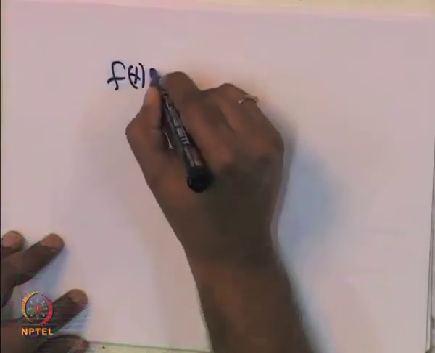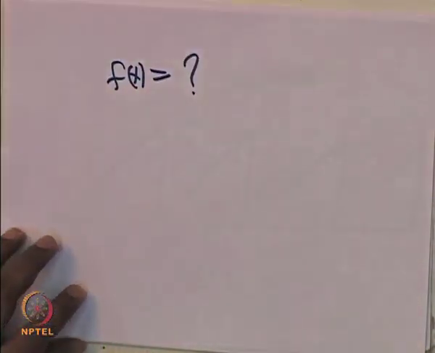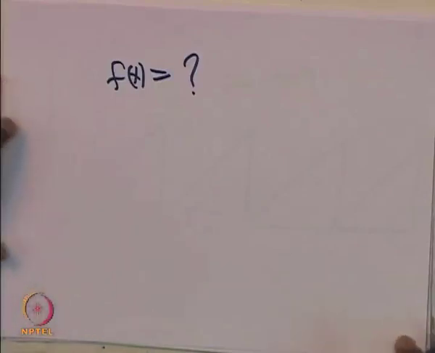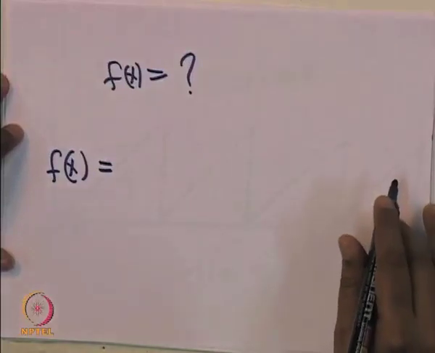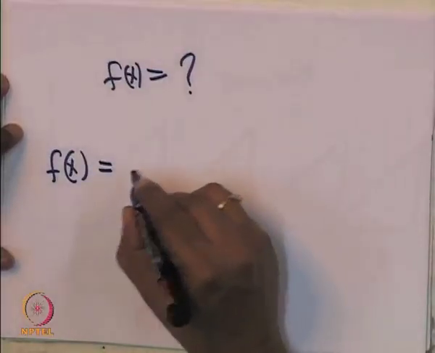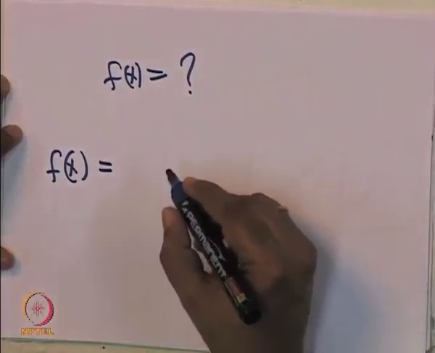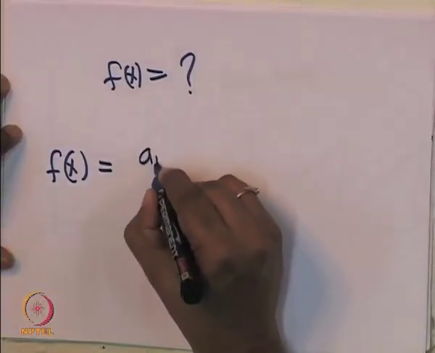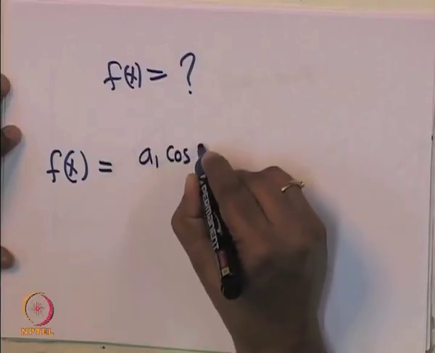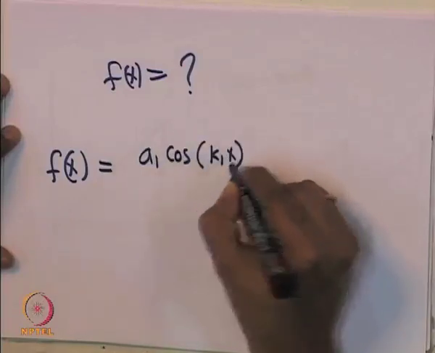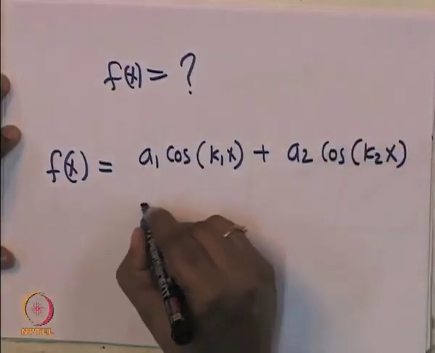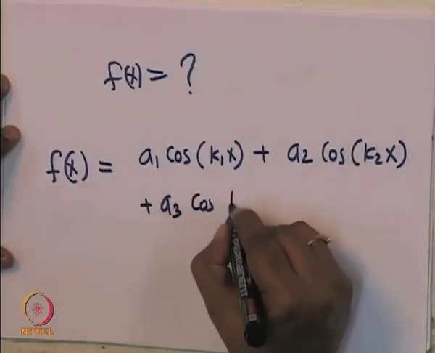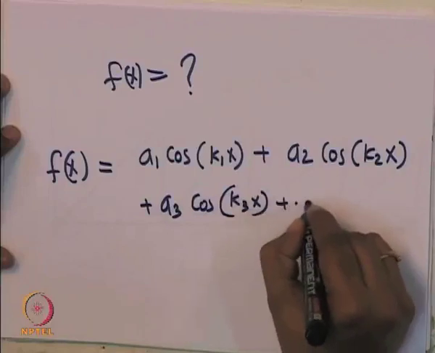And so how do we write an f of x? What is this f of x? It turns out that f of x can be written as a combination of sine and cos. So let's say a1 cos k1x plus a2 cos k2x plus a3 cos k3x plus dot dot dot.